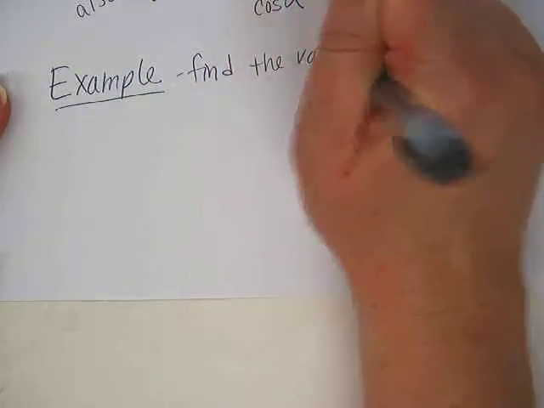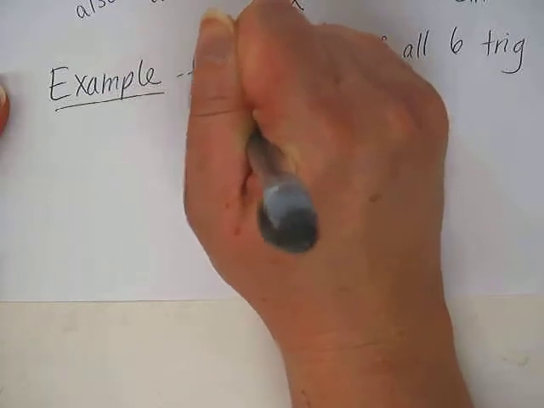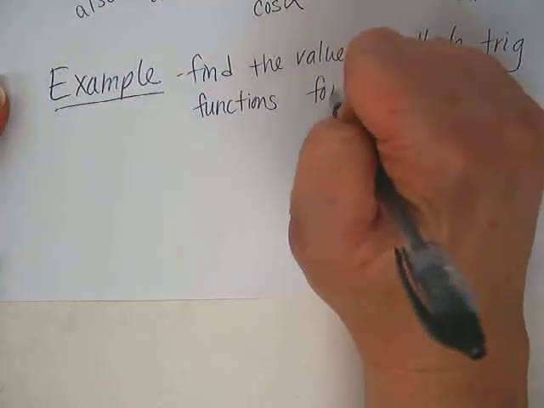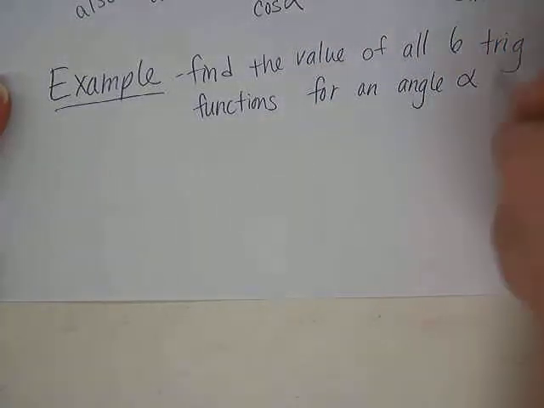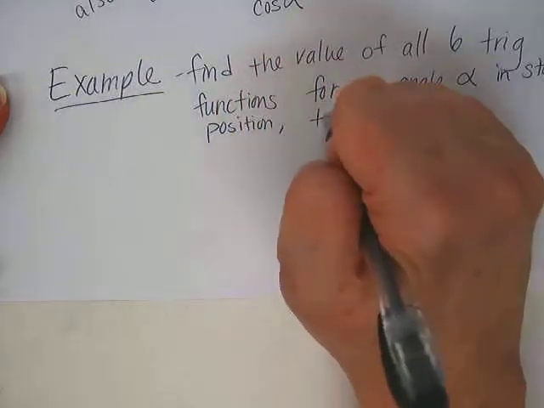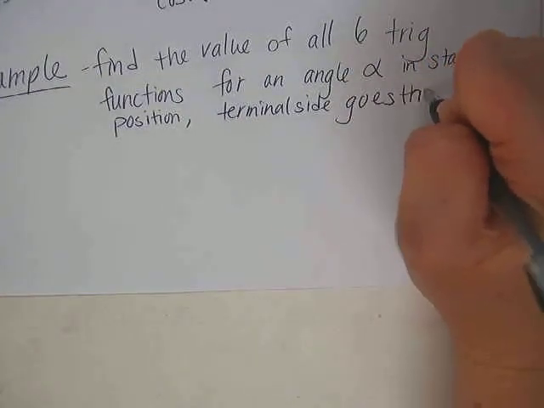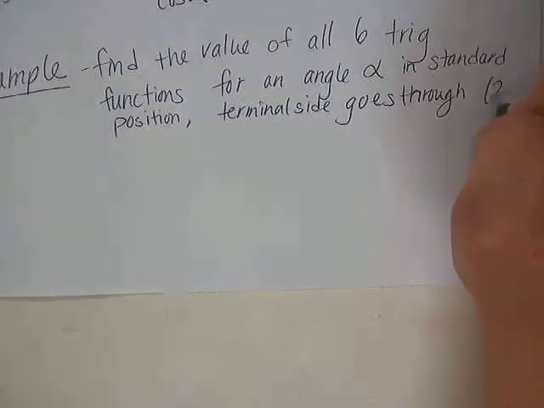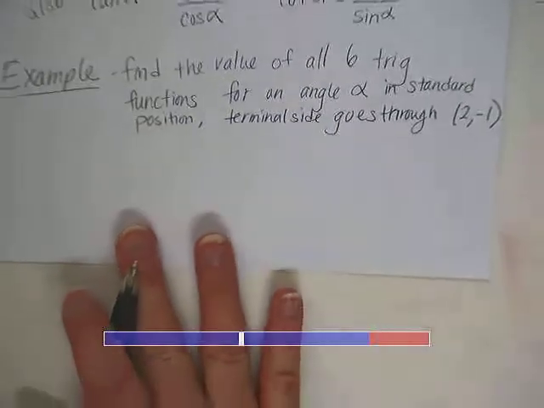Find the value of all 6 trig functions for an angle alpha in standard position and the terminal side goes through the point (2, -1).